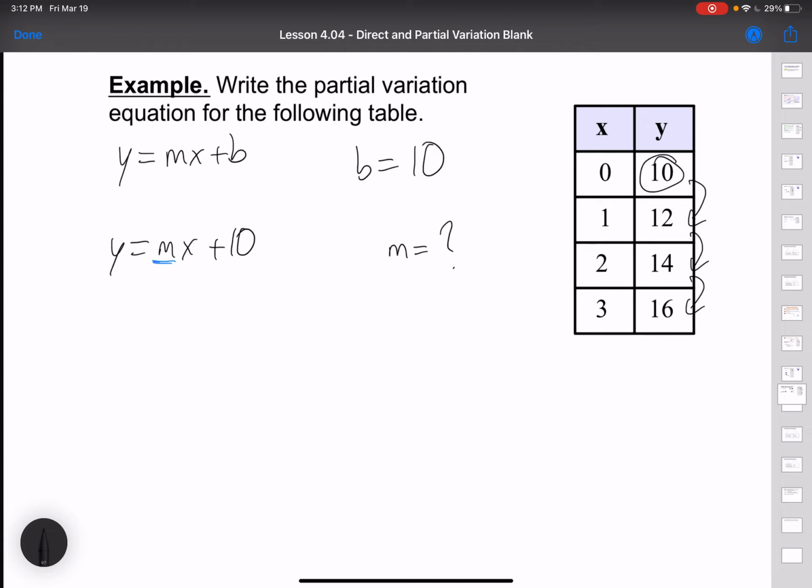So when we're going from 10 to 12, we're adding 2. When we're going from 12 to 14, we're adding 2. When we're going from 14 to 16, we're adding 2. So that amount that's changing by the same each time as you go down the table is actually our m value.